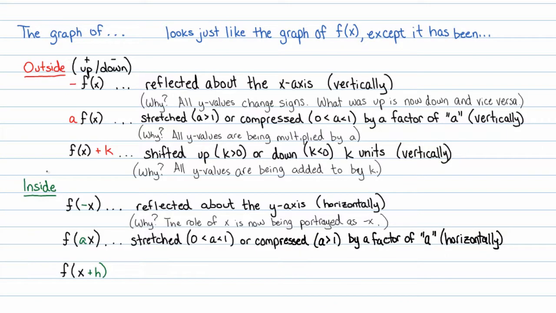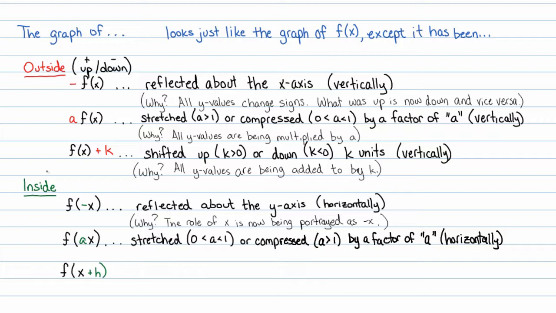So to sum that up, f of a times x is basically the same as f of x, except it's been stretched if a is between 0 and 1, or compressed if a is bigger than 1, by a factor of a horizontally. So notice this is opposite of what the outside stuff did.